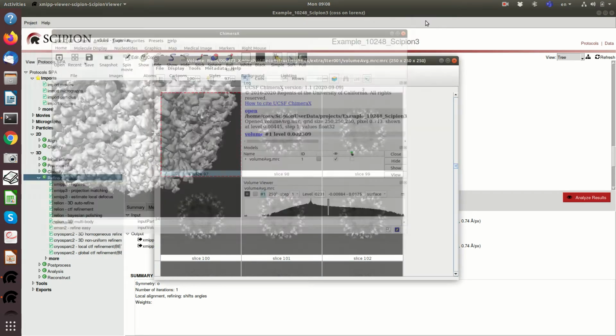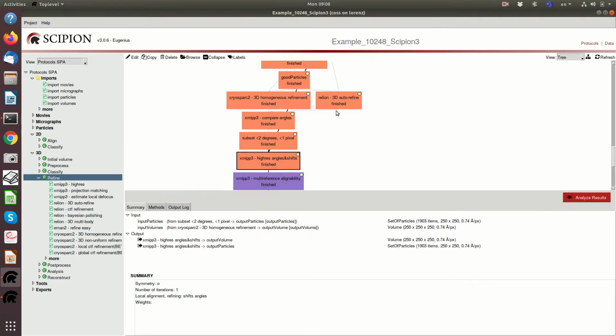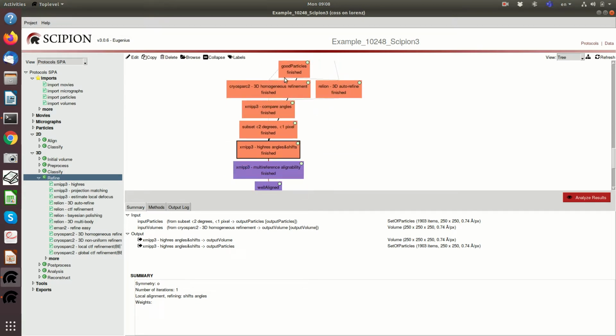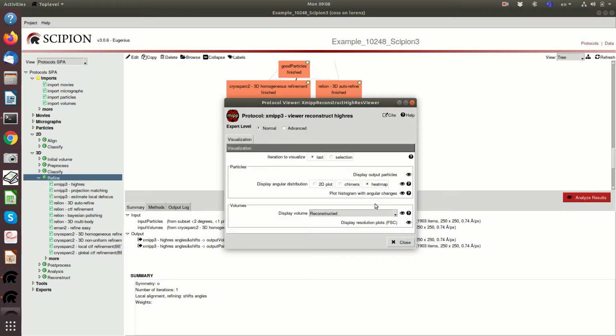It is the merit of high res, but also the merit of making sure that the particles that are put in are those that are consistently assigned to the good class, and this consensus of angular assignment parameters.